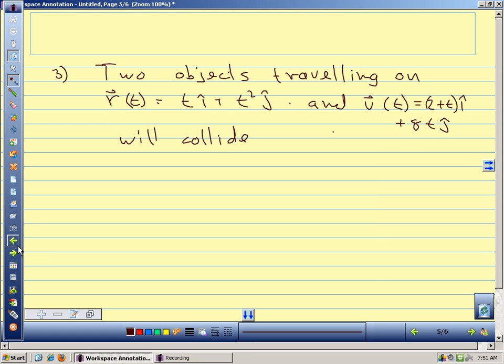So two objects are traveling on these two paths, and we want to know if they'll collide. True or false? False. And why is this false?